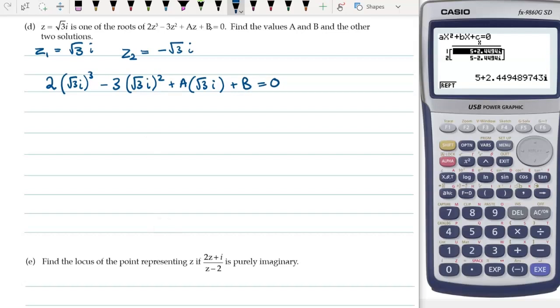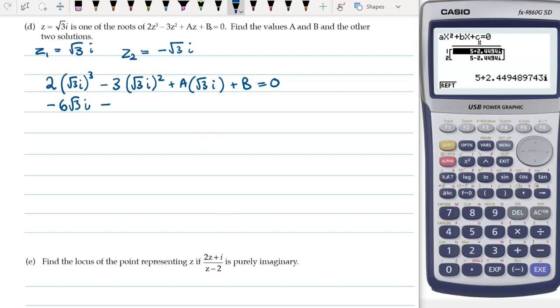So root 2 times root 3 cubed, that would become 3 times root 3. So then timesing it by 2 is 6 root 3. Now i cubed, well, i squared makes minus 1, so let's factorize out one of those. If we take out an i squared, it's minus 1 and times it, so that becomes a minus like this.